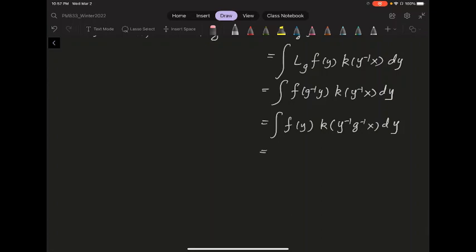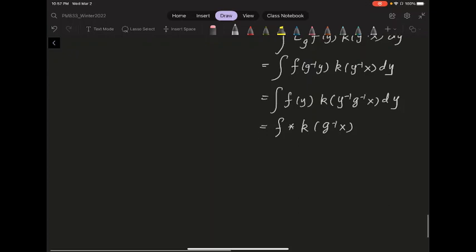And you realize this is essentially just the convolution of the function f with k, but evaluated at g inverse x, all right? Now the g inverse is on the other side, so it's put on the x. So essentially this is the left translation of the convolution at x, okay?